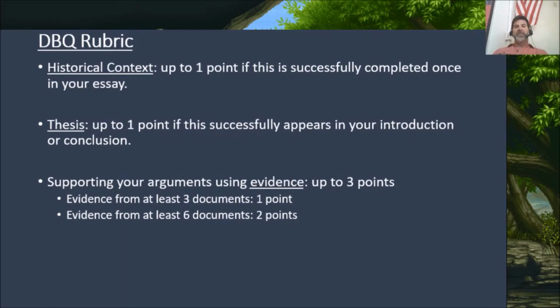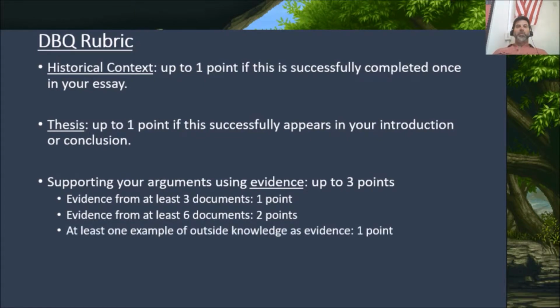But at least 6 documents, that's 2 points instead of 1. Then, as long as you use at least 1 example of outside knowledge, specific, detailed outside knowledge as evidence, that's 1 more point. So that's up to 3 total for using evidence. So once again, 1 example of outside knowledge used effectively as evidence is 1 point.